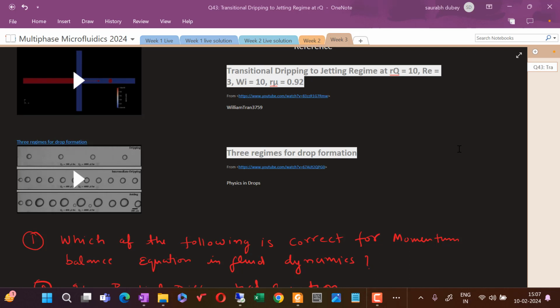And then in the subsequent lecture you have been taught about wetting and jetting and dripping regimes, and then at the end there has been discussion about the surface tension and surface energy.